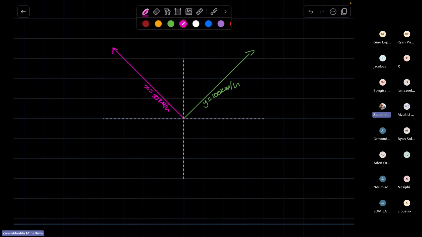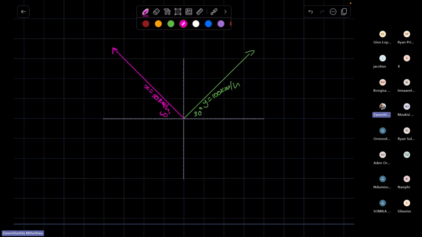Now, as far as angles, are our angles being referenced from the x-axis or y-axis? It doesn't matter. Okay, let us reference our angles from the x-axis. Right, so let's say this is 30 degrees, and say this one is making an angle of 60 degrees.